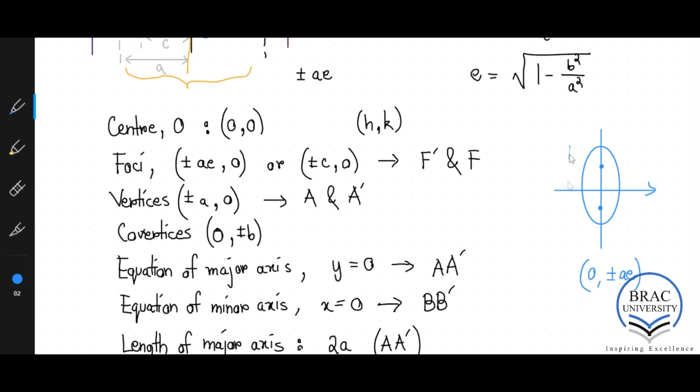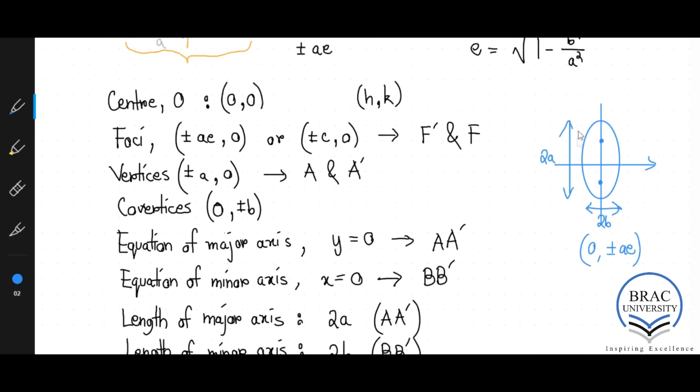The a is now here. This is 2a, the major axis, and this would be the minor axis. So the vertices would be at 0, plus minus a. All of these interpretations would have to be changed. You would have to flip the sides and find each of the points. You can draw a graph if that helps. Otherwise, you can simply interpret it that way.